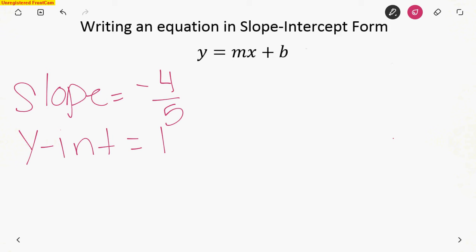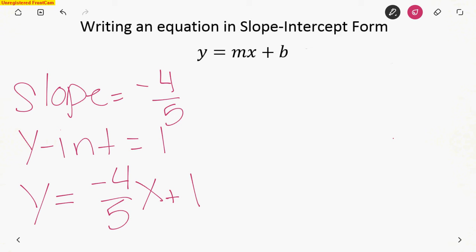For that one, we would have the equation y equals -4/5, since that's our m, x plus 1. We're literally just plugging our information into the equation.